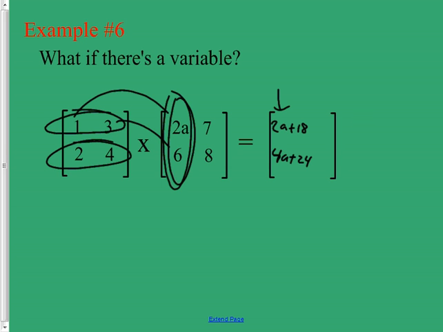And then I'll change colors. This and this will make 7, and 24 makes 31. And then the last is this and this, which will make 14 and 32, 46. Raise your hand if you had the same thing as I did. Okay, awesome. Do you have any questions?